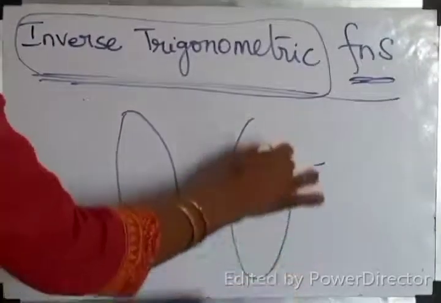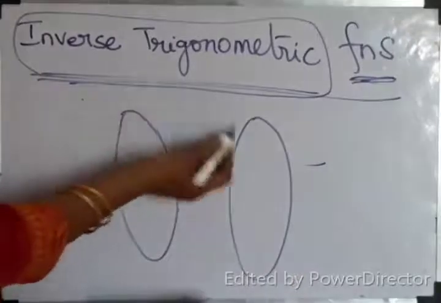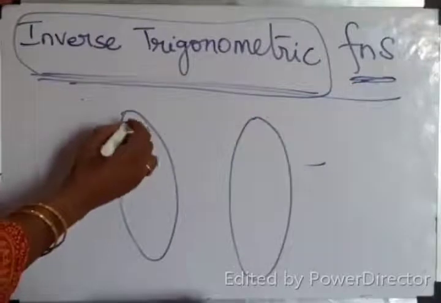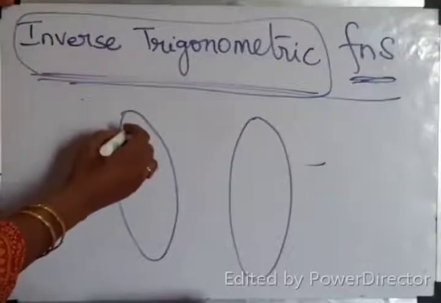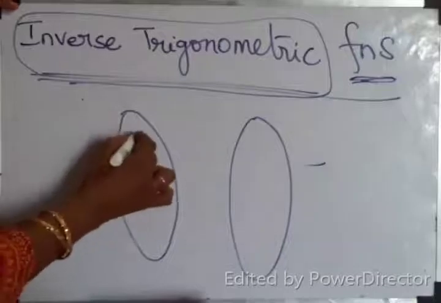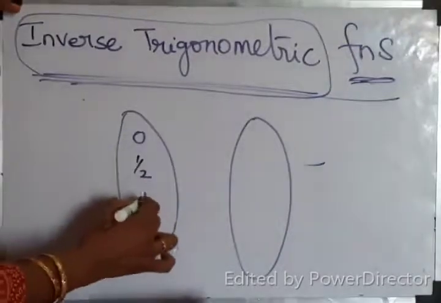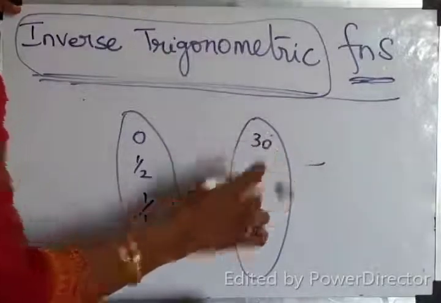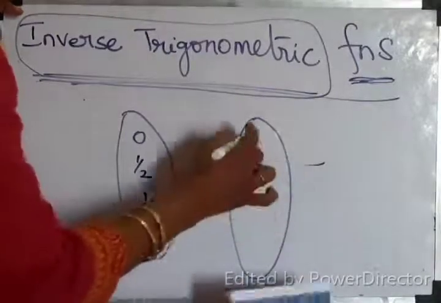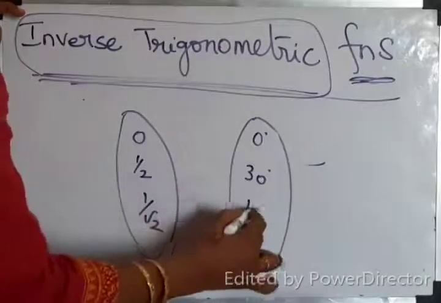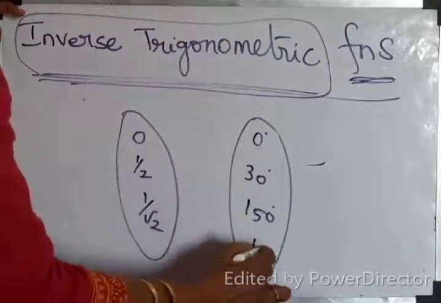Isn't it? That is, domain will become codomain, codomain will become domain. Here I have to write the values 0, half, 1 by root 2. Here I have to write the angles 0 degree, 30 degree, 150 degree, 45 degree.